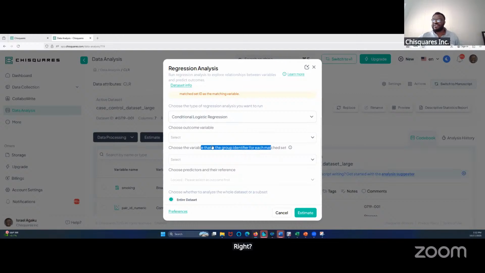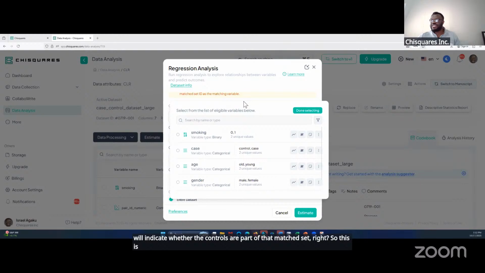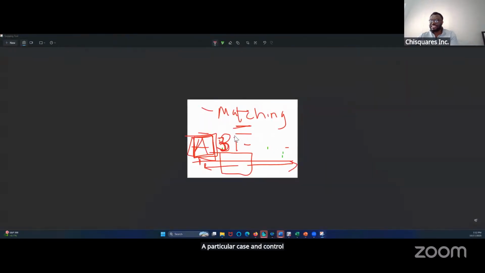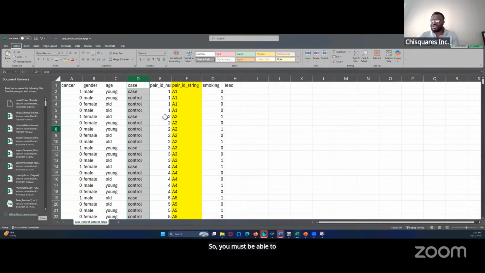This is the variable we set up yesterday, the case ID, and then the individuals will indicate whether the controls are part of that matched set. This is what tells us that a particular case and controls belong to the same group. So you must be able to create your questionnaire in such a way that you capture this. Any small typo means that the analysis will be wrong.